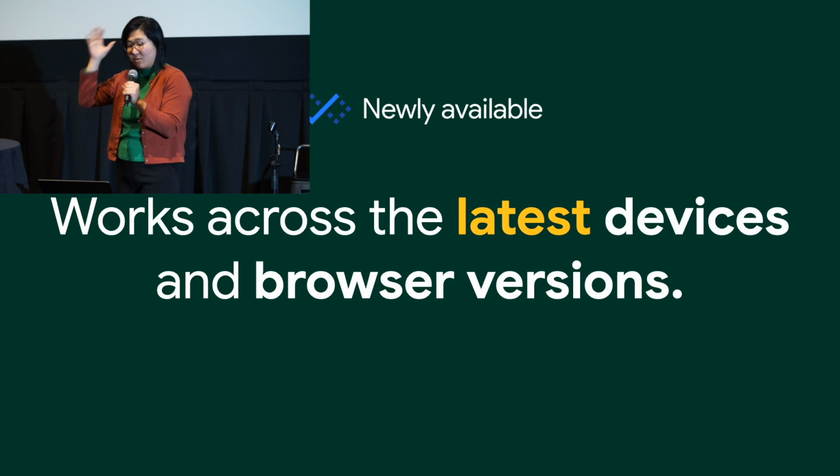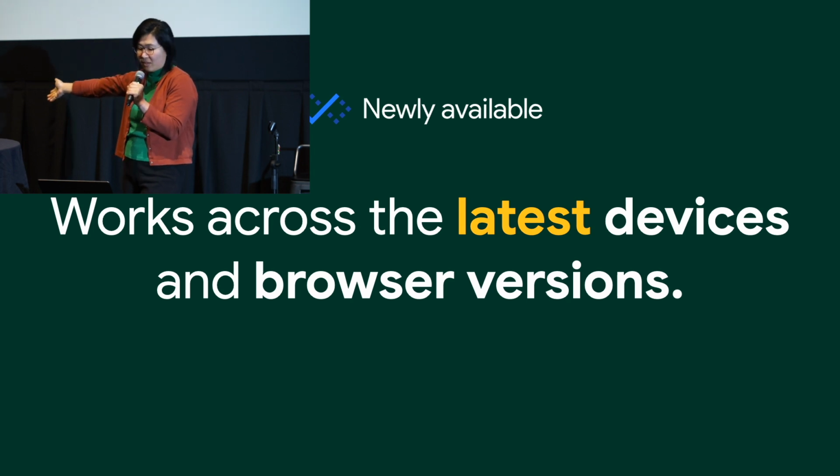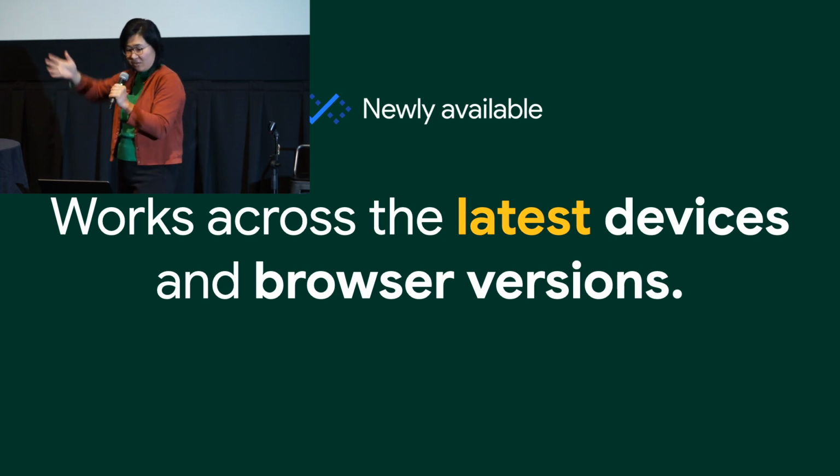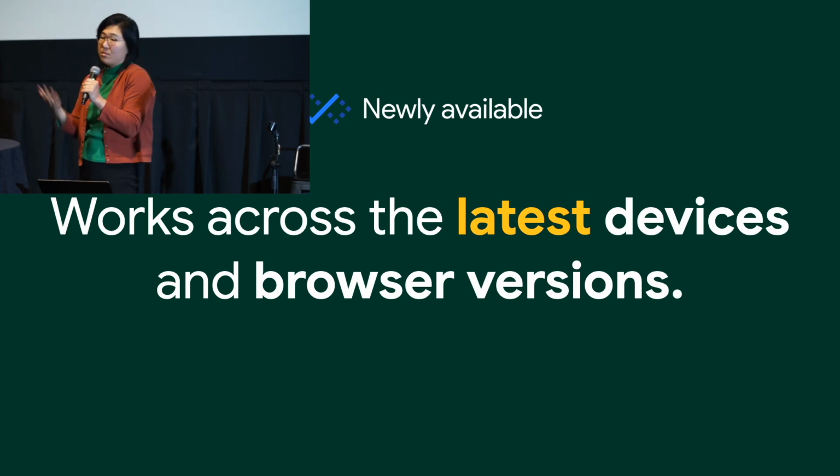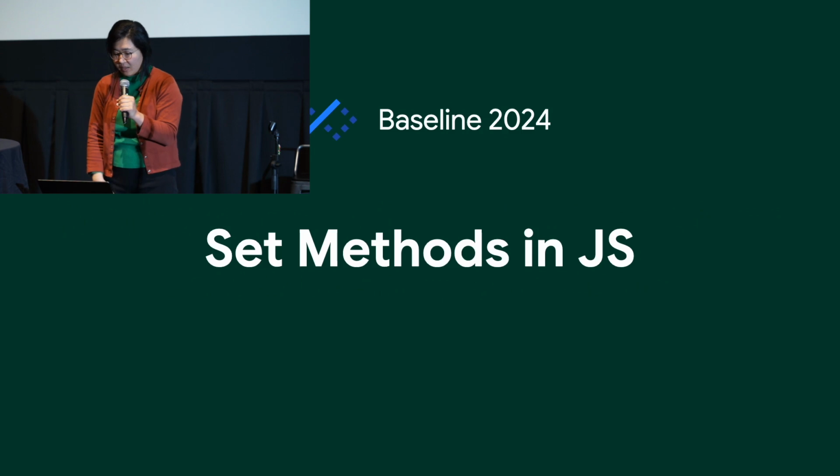A feature becomes newly available the day the last browser of the core browser set supports that feature in its stable version. But that means it may not work on older devices or browsers, so depending on your users, you might not use newly available features yet. But if a feature is something like a progressive enhancement item, then you can go ahead and use it.